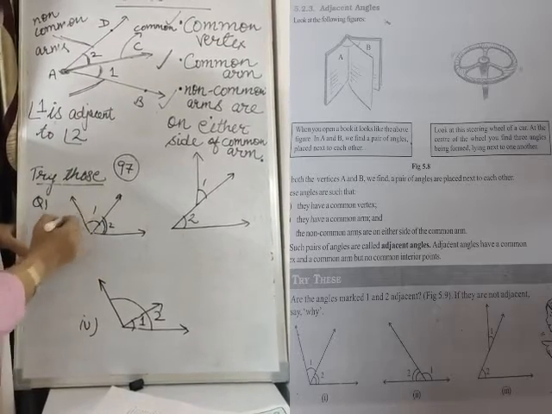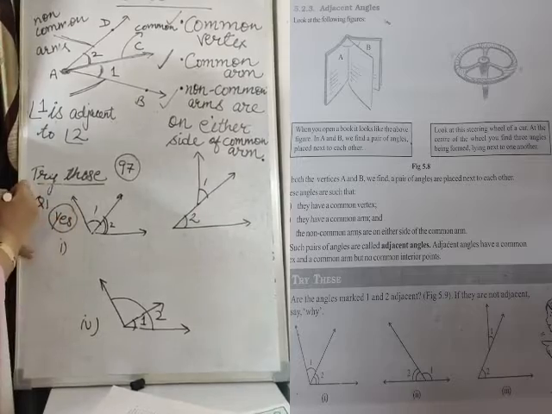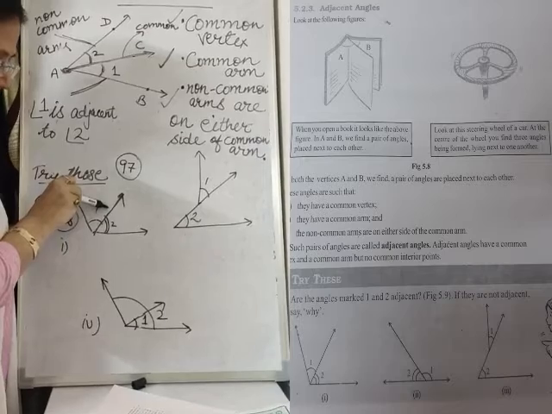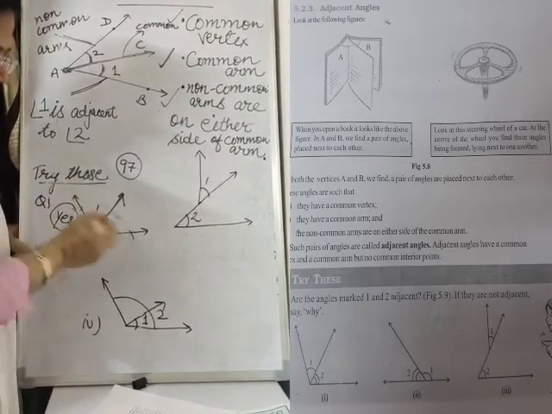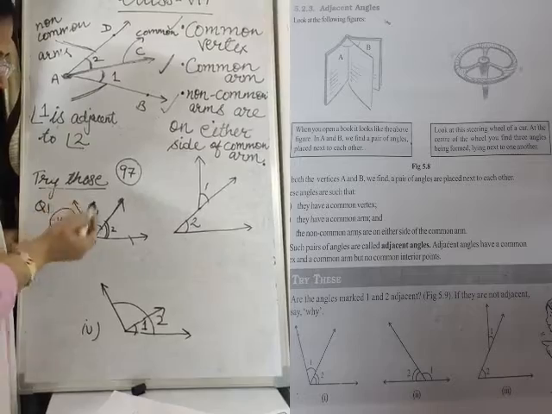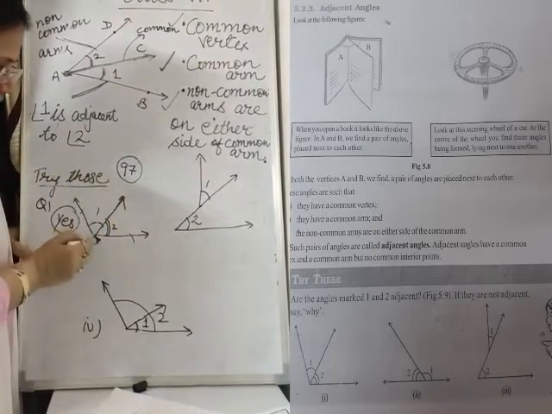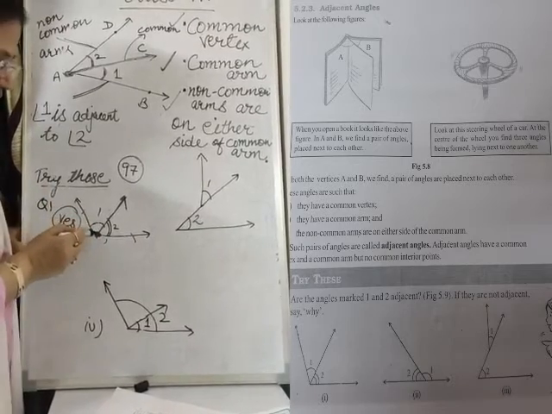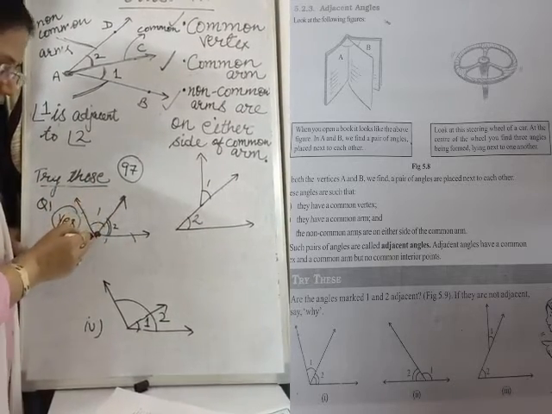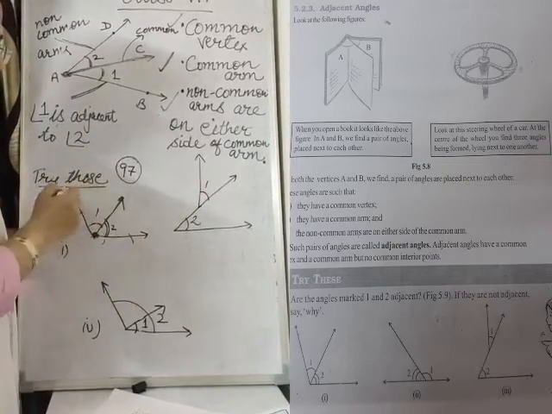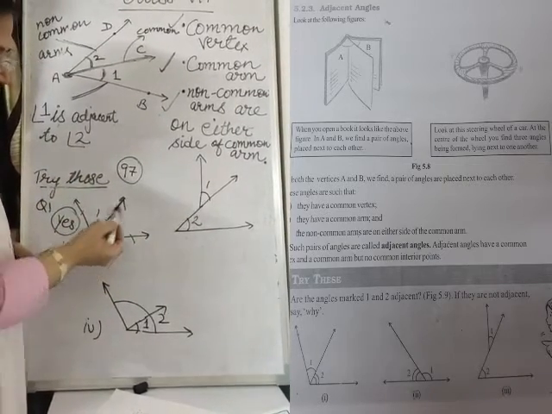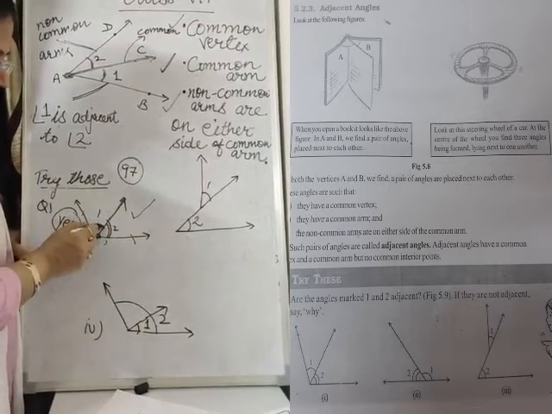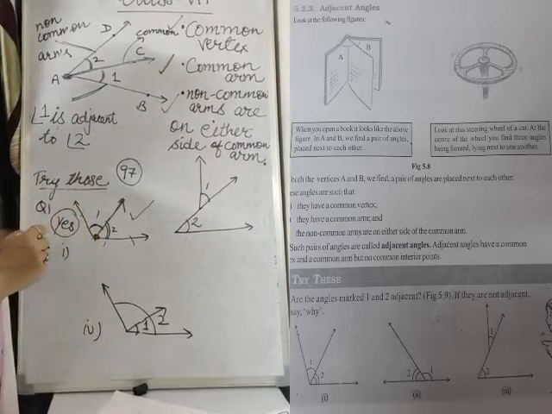Yes, angle 1 is adjacent to angle 2, because this one is the common arm, these two are non-common arms on either side, and all the rays come from a common vertex. So all the conditions are verified. You will say yes, angle 1 is adjacent to angle 2.